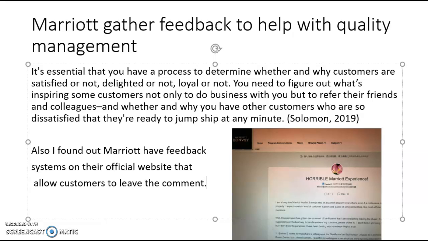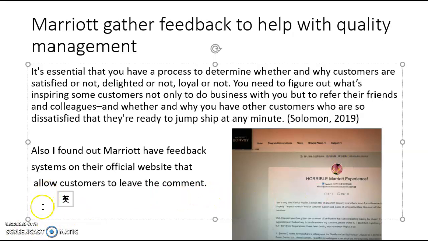Also, I found a feedback system on Marriott's website. I think it's a very good thing to let customers leave feedback or comments on your website, because not many hotel organizations let customers leave feedback and comments on their official website, because some hotel organizations are afraid bad comments can ruin their reputation.